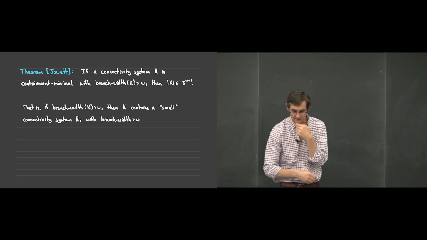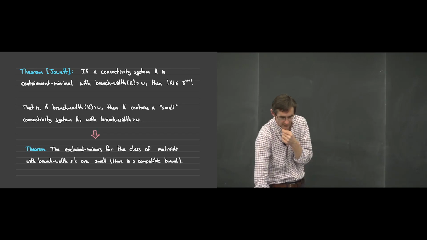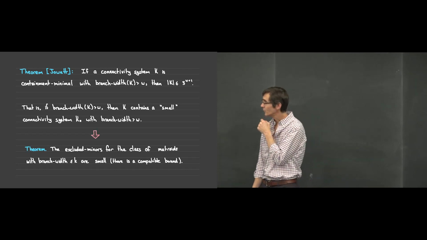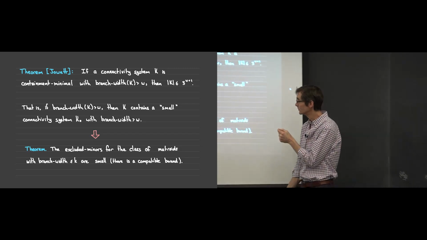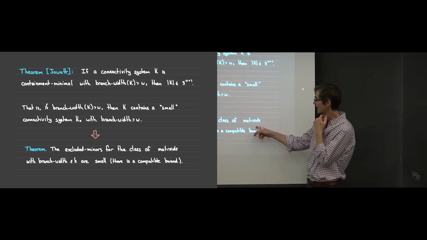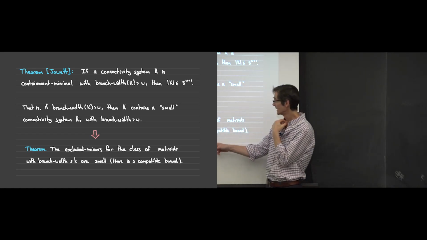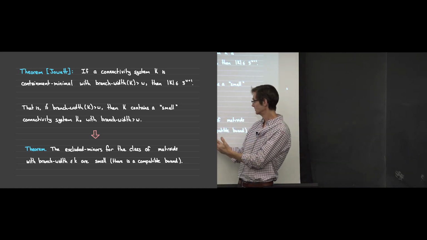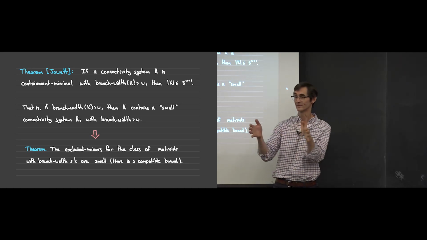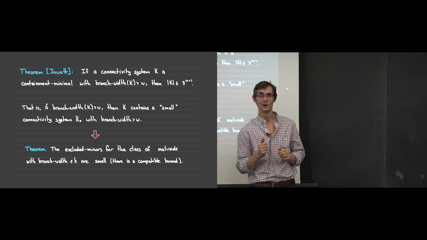And you can prove from that theorem that the excluded minors for the class of matroids with branchwidth at most k are small. So here small means that there's some computable bound on their size.